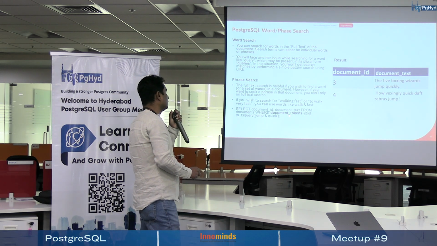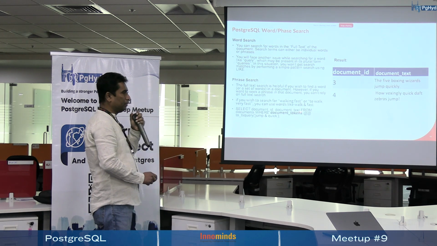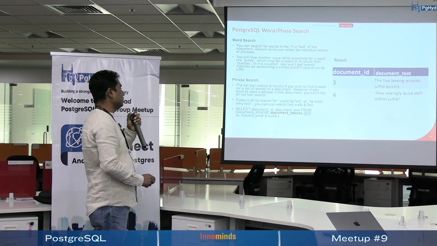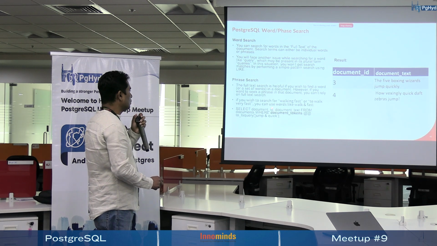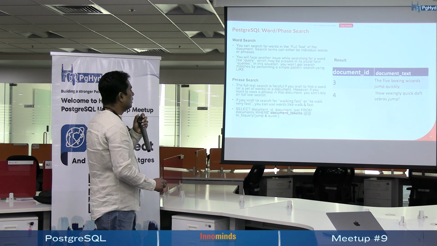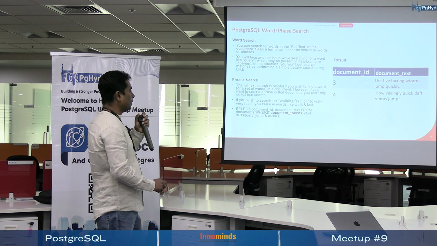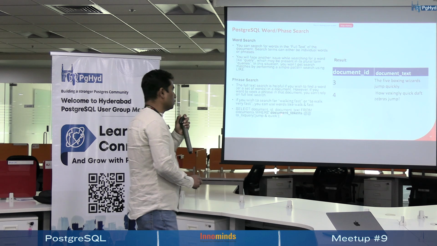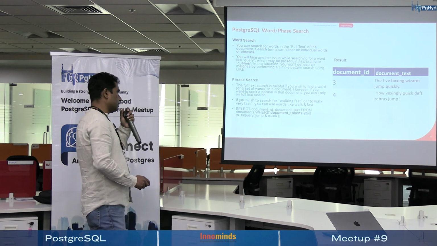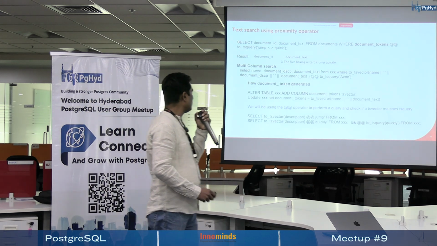What is document token? I will explain later, but for the time being you can think like document token is to_tsvector of this document text. But I will give you the explanation of why exactly I put document token here. There is a story behind it, I will explain in the next slide.